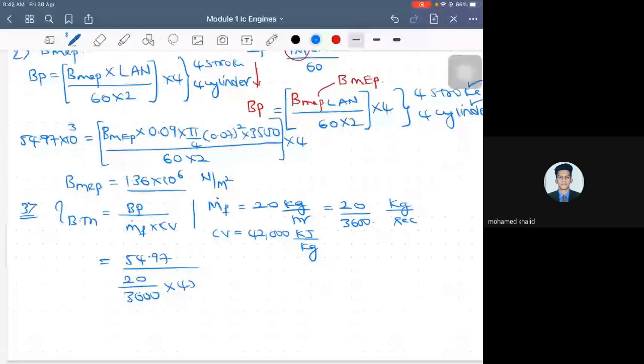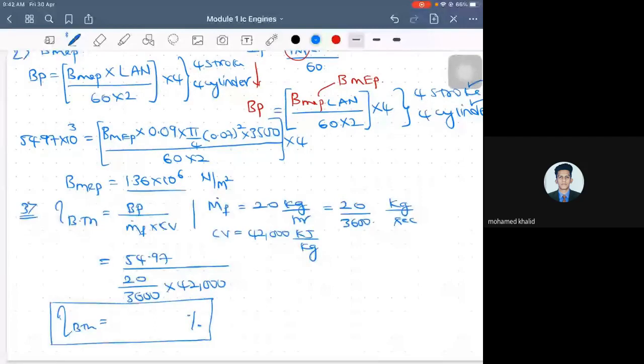So what is the brake thermal efficiency there in terms of percentage, into 100? 19.63%. Okay.